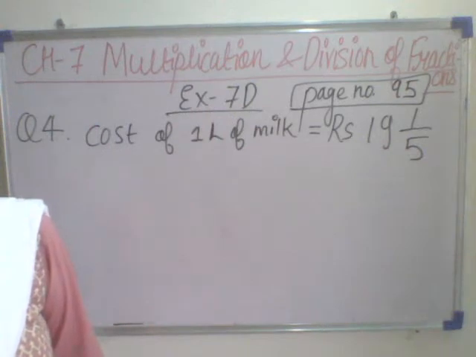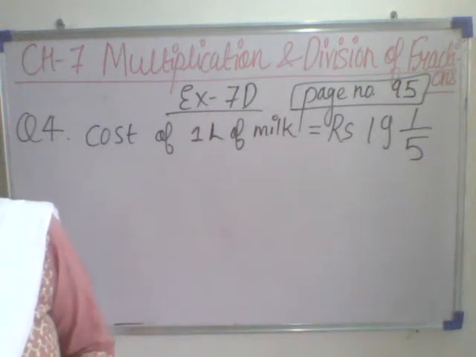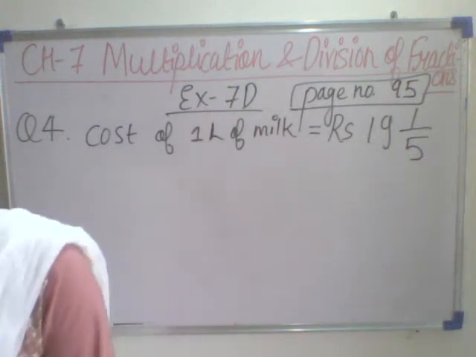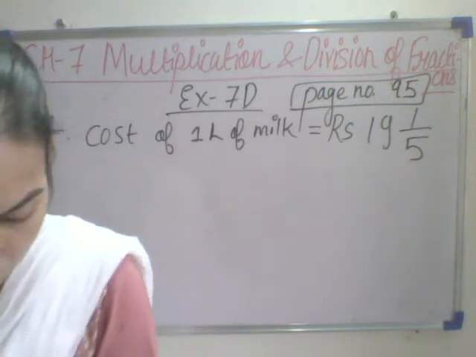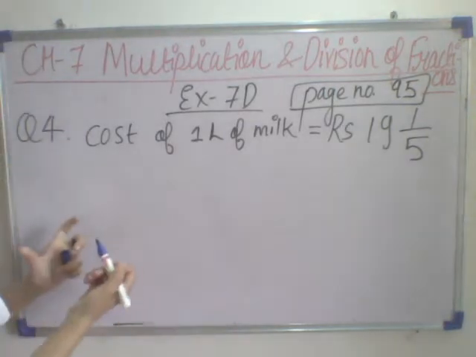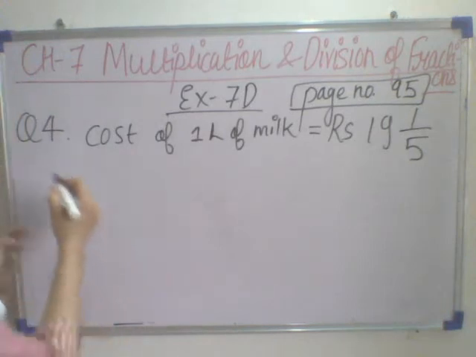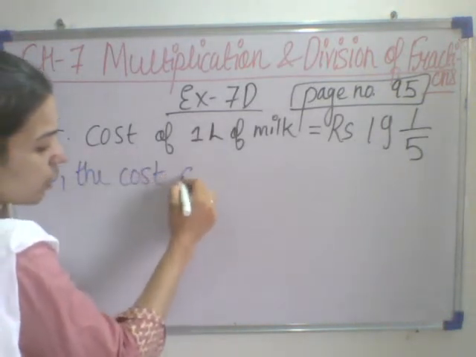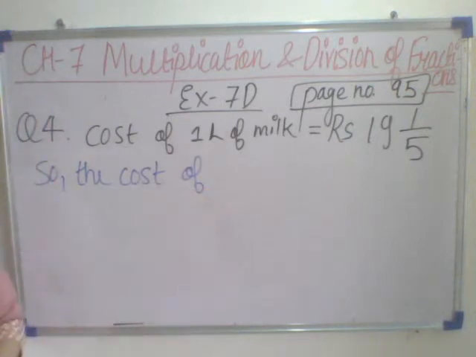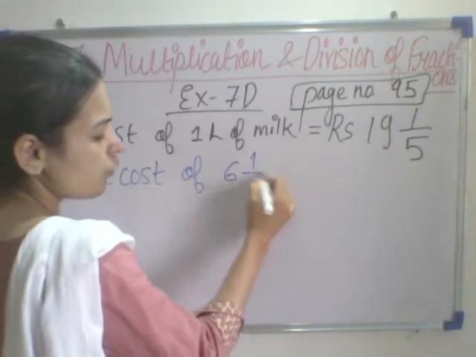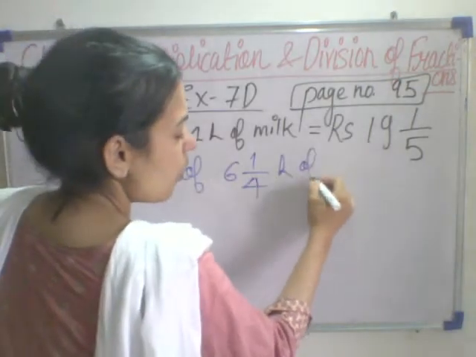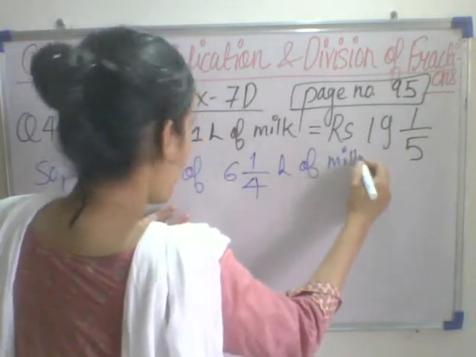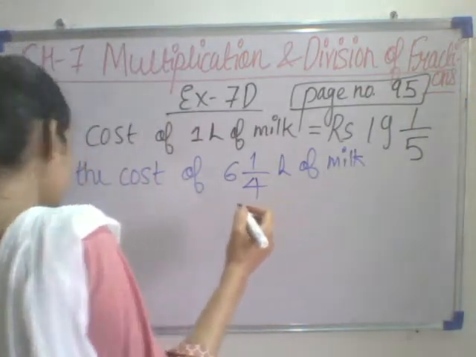So we have to find the cost of 6, 1/4 liter of milk. So what do we have to find in this question? We have to find the cost of 6, 1/4 liter of milk.